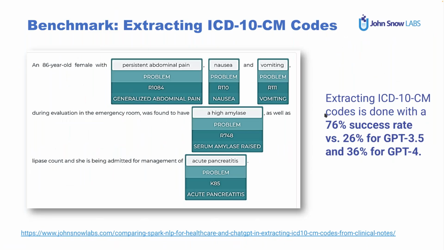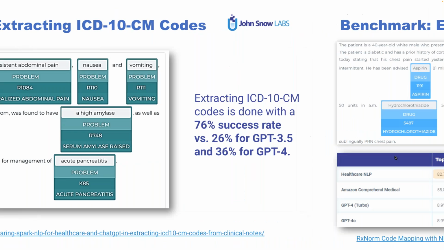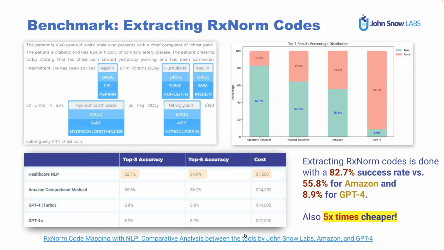And this is another benchmark that we got for ICD-10-CM code mapping. And as you can see, it apparently has a really high accuracy than the GPT model. By the way, you can check these blog posts to see the details of this process, and you can reproduce it because we have some notebooks on our repo, so you can use it.